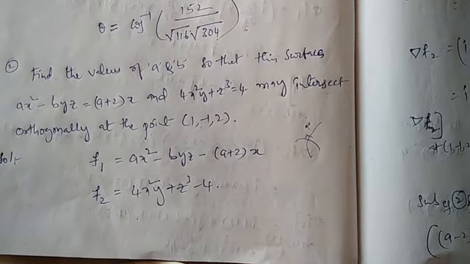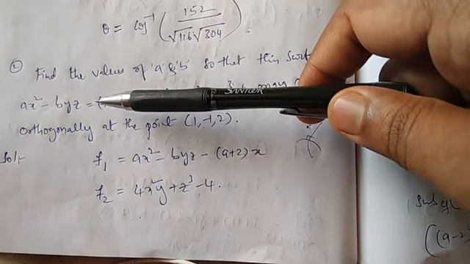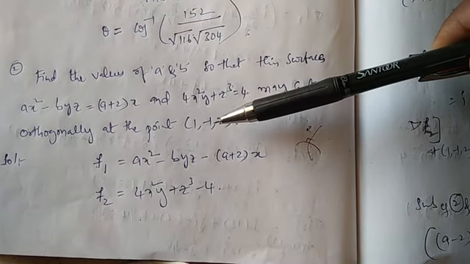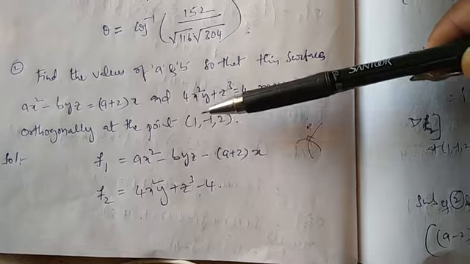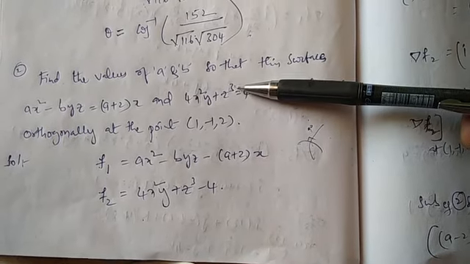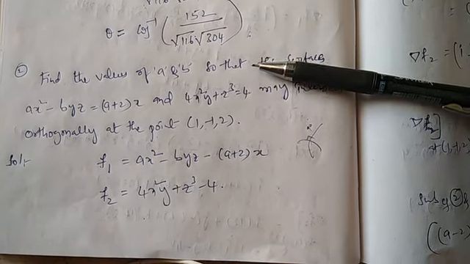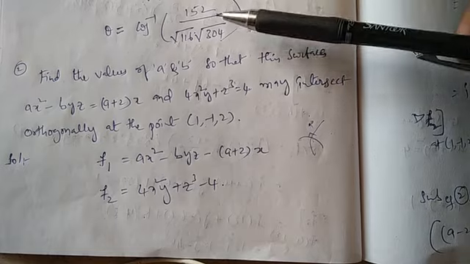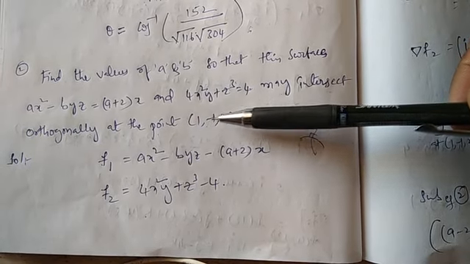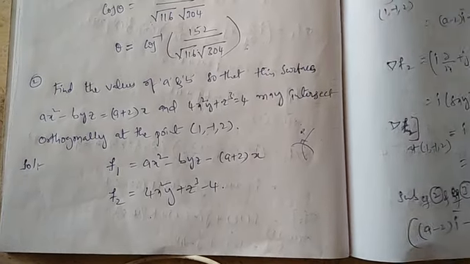To get the other equation in terms of a comma b, I substitute this point in the first curve. You may doubt what happens if you apply the point on the second curve. It is simply satisfied, but there is no use of getting an equation in terms of a comma b. So I substitute the point 1 comma minus 1 comma 2 in the first curve. I do it here.